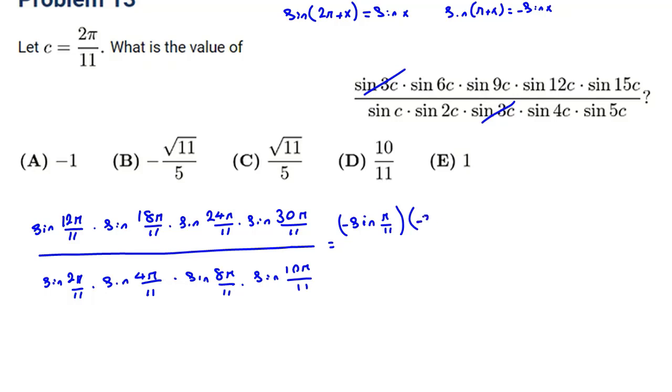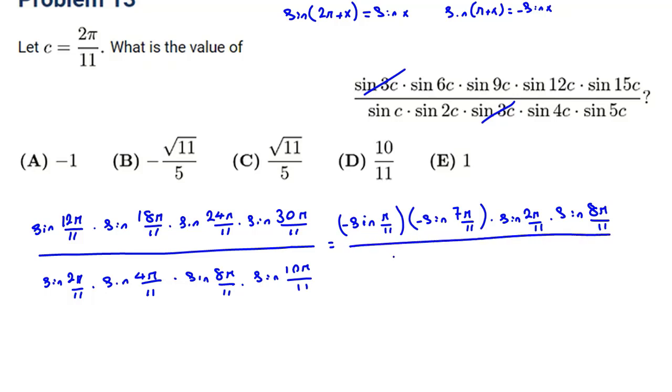Here it will be negative sine 7 pi over 11 because it is pi plus 7 pi over 11. Times 22 pi over 11, which is 2 pi. So next one will be sine 2 pi over 11, and next one will be sine 8 pi over 11, because it is 2 pi plus 8 pi over 11.